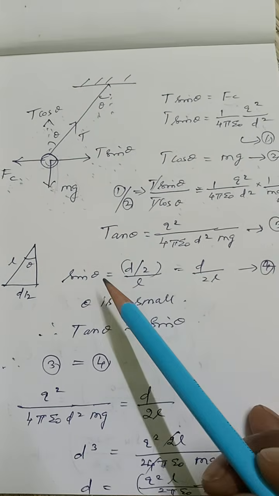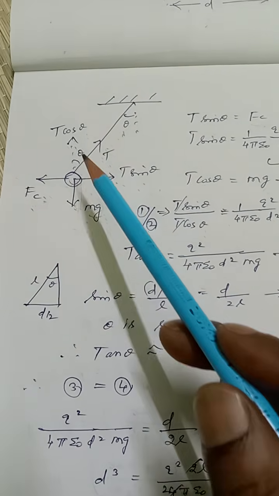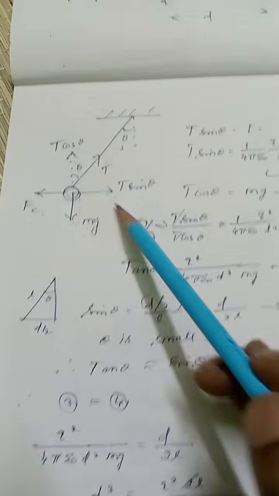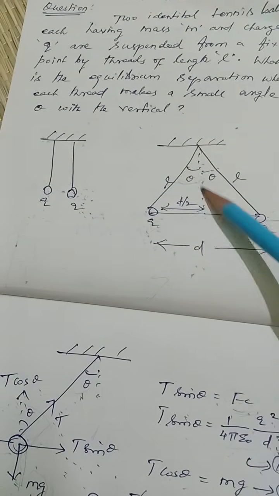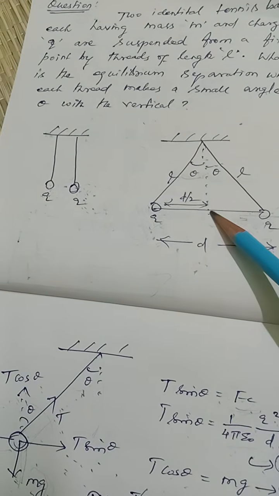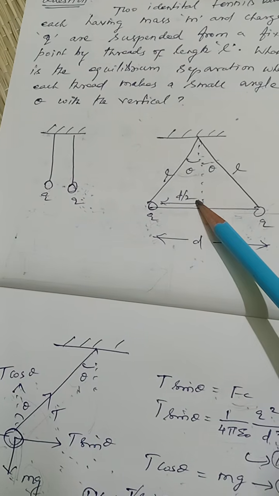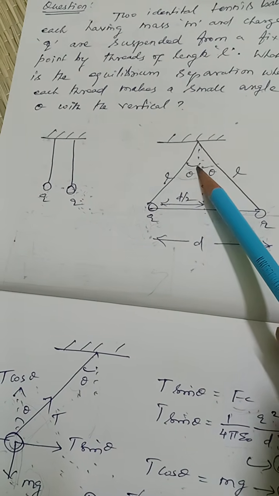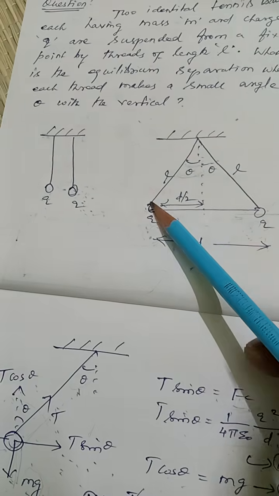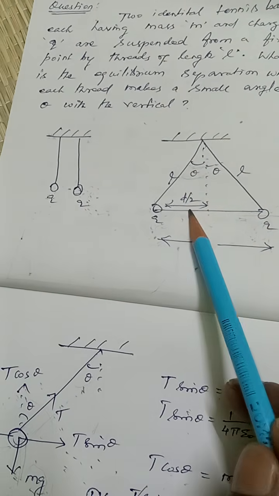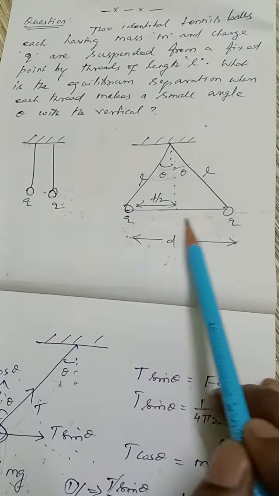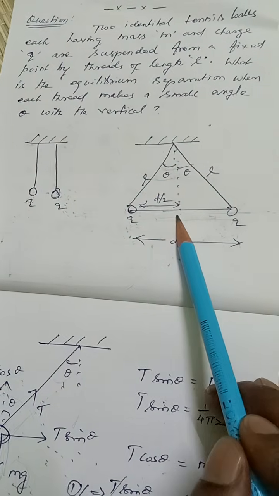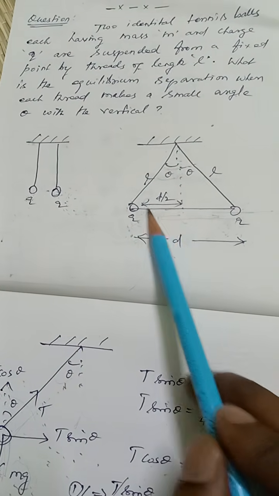Okay, now from the diagram, in this portion we have a right angled triangle. In this triangle, if you find sine theta, theta is here, sine theta is opposite side by hypotenuse. This is the opposite side: the entire length is d, so this is half of d, so d by 2.